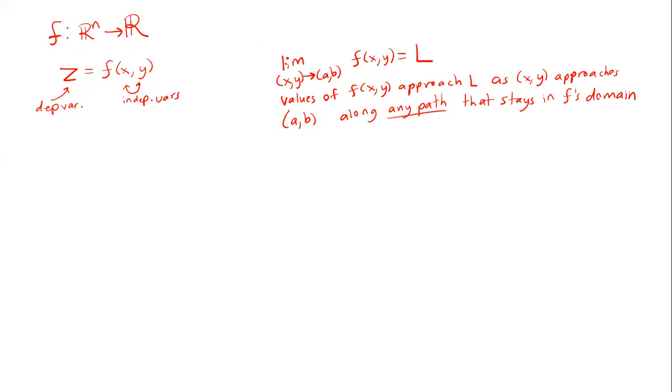I think you can see the idea with only this 2D case: if you have this function f(x,y), you could imagine that as you change x and y and make them get closer and closer to (a,b), no matter how you do it, no matter if you're getting x to go closer to a from below while y is getting closer to b from above, et cetera, no matter how you get there, this limit holds for every case. If you have some weird function where that's not true, then you would not have a limit like this.